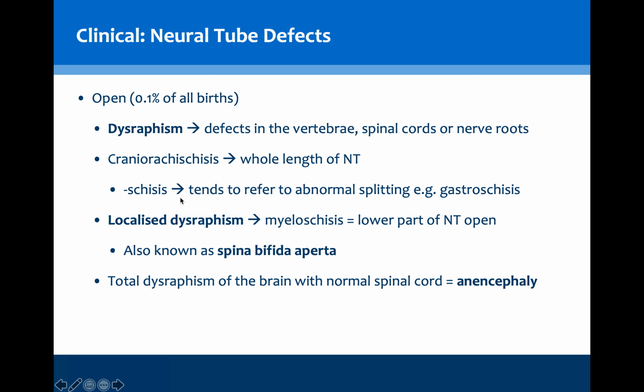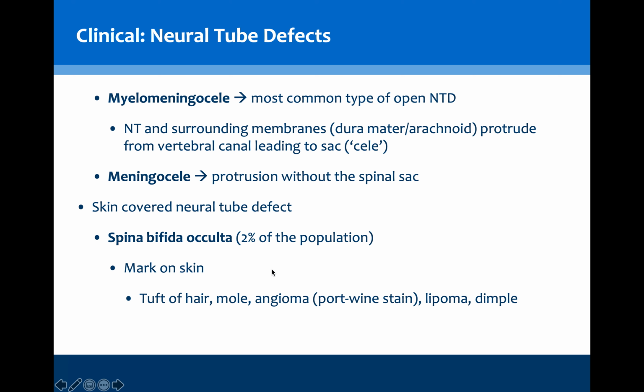Now, if the dysraphism is actually localized, then only part of the neural tube is open, so myeloschisis, the spinal cord aspects are open, but actually the cranial aspects are closed, and this is also known as spina bifida aperta. Now, if you have the opposite of this, where the spinal cord is normal, but there are issues with the brain, then you can have anencephaly, and that's obviously not compatible with life.